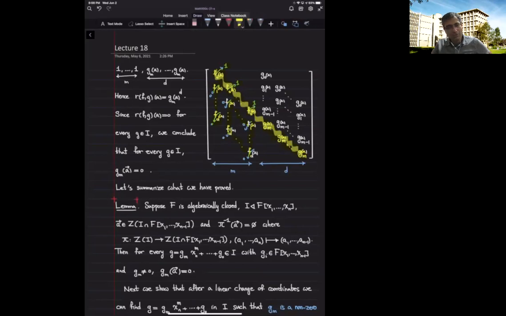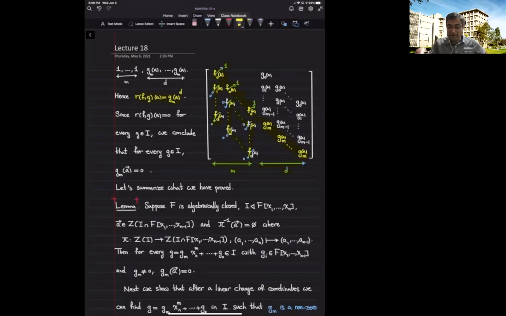All the entries below the diagonal are 0. So we end up getting an upper triangular matrix with diagonal entries, m of them equal to 1 and d of them equal to g of m evaluated at A. That means the determinant of this matrix is the leading coefficient of g evaluated at A raised to power d. So that's the resultant of f and g evaluated at A.